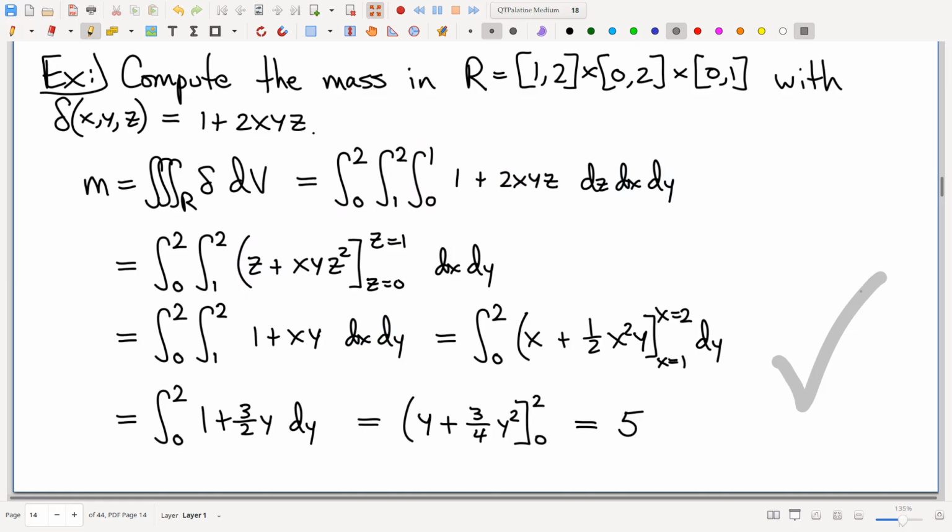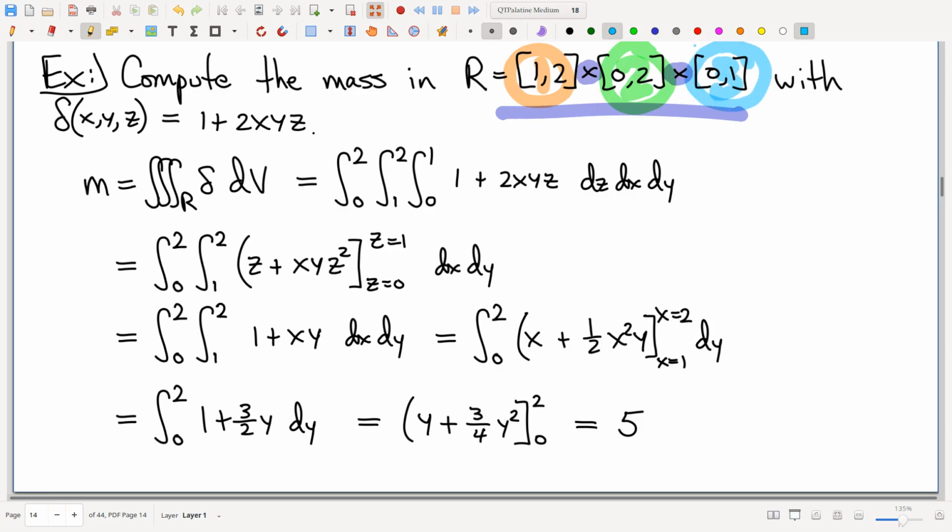Is R always given in terms of x and then y and then z? Oh, well, now this notation where I use the times, yeah, that is always: this is the first variable, and this is the second variable, and this is the third variable. Now, what are those variables? Well, that depends on the setup of the question.